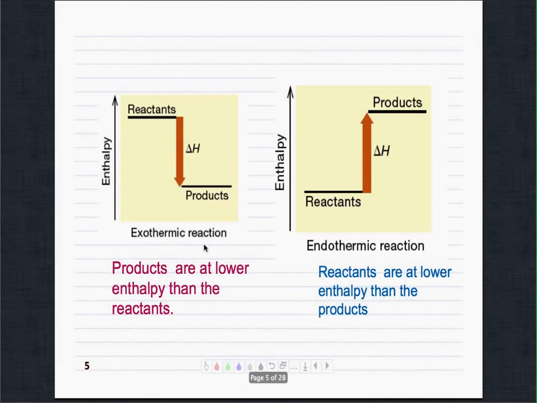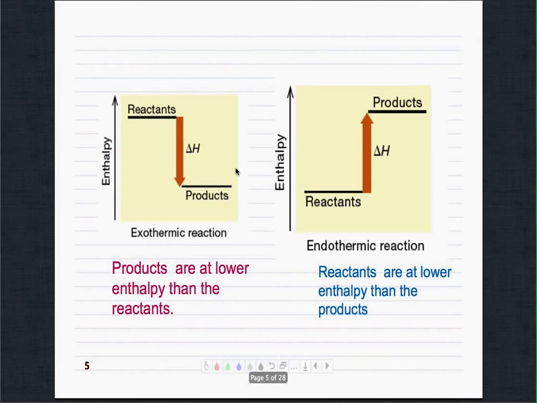In the exothermic reaction, we said that the reaction gives or releases energy. And at the molecular level, if we look at the reactants and the products, in any exothermic reaction, this is the energy or enthalpy.